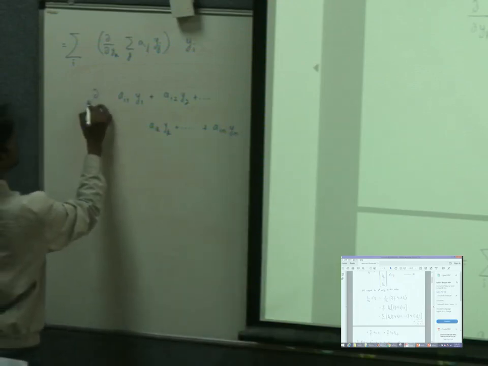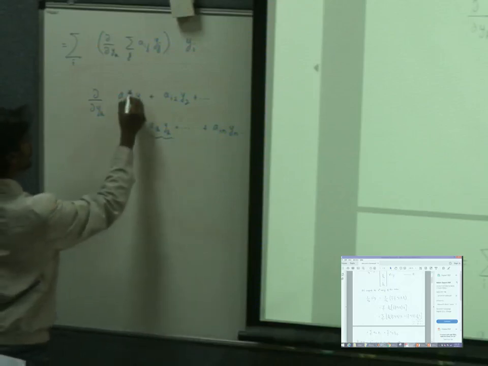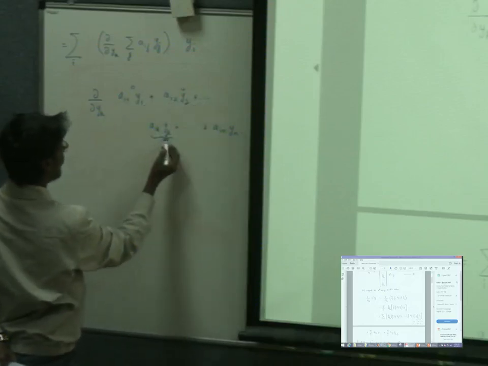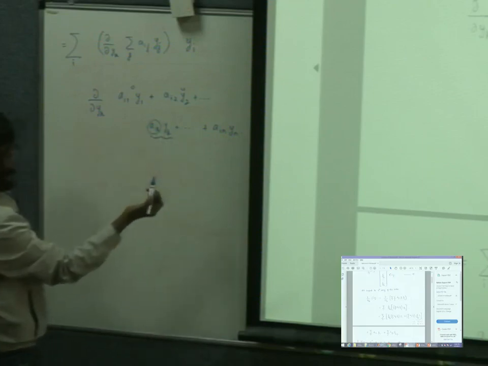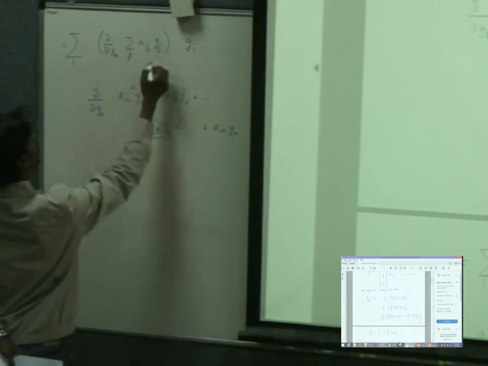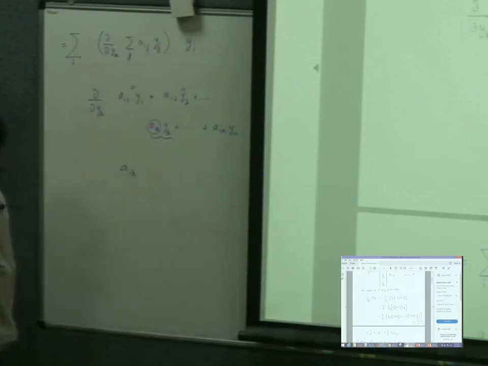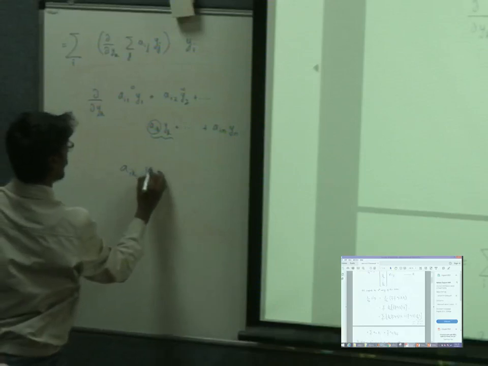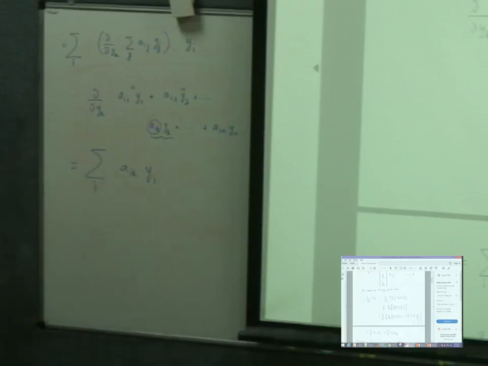When you take the derivative with respect to y_k, only this term depends on y_k, so the rest will be 0. You will get only a_ik. And this y_i comes into the picture, summed over i. That's what the first term corresponds to, and we have it here.